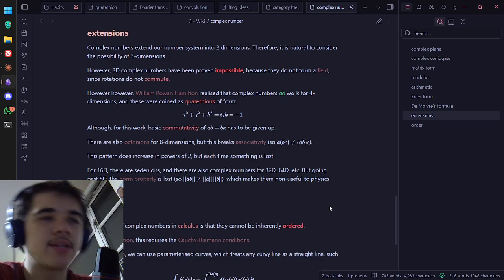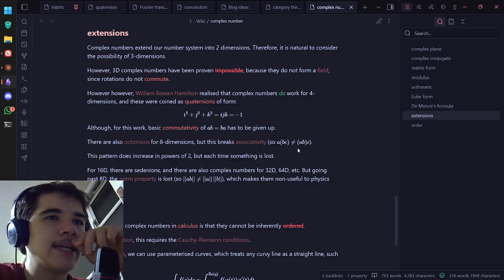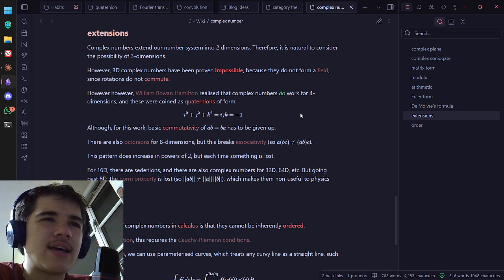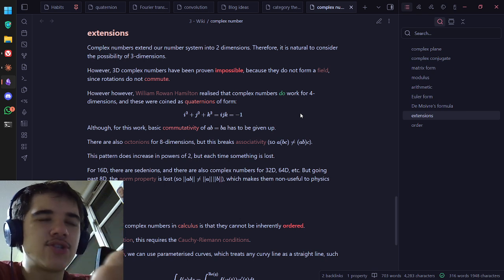Associativity I haven't looked at, but here I say associativity is such that A times BC should be equal to A times B times C. Or rather, A on B on C should be equal to A on B on C.